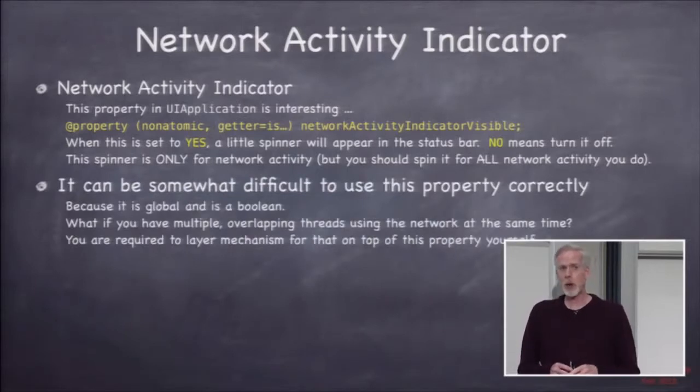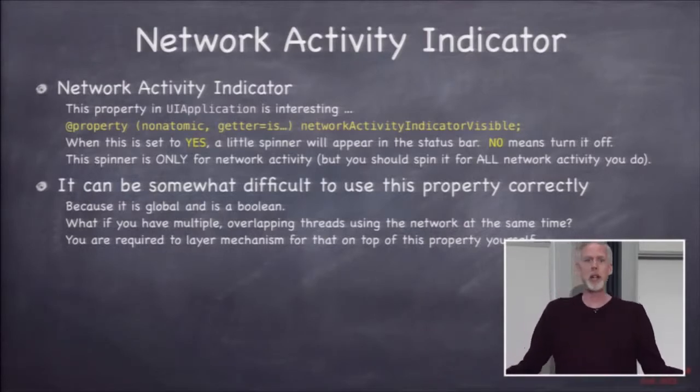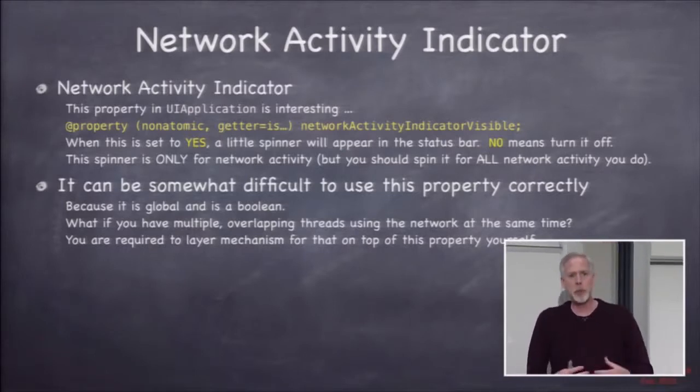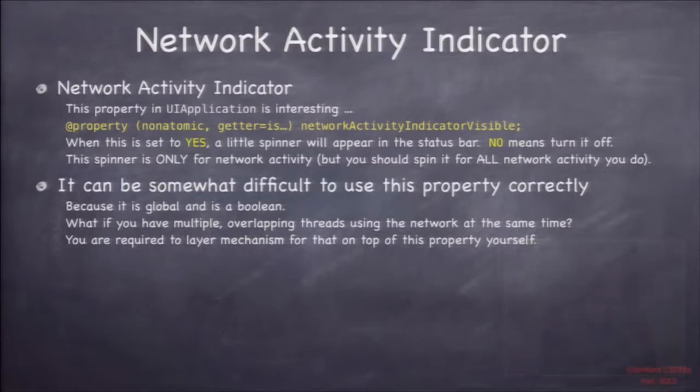It's a little bit difficult to deal with because A, it's global. It's in UIApplication, so all the threads in your application are all using this same spinner. And number two, it's a Boolean. It's not like a push and pop or a count. And so imagine that you fire off a big Flickr fetch that's going to take 10 seconds. And you start this network activity indicator, turn it to yes.